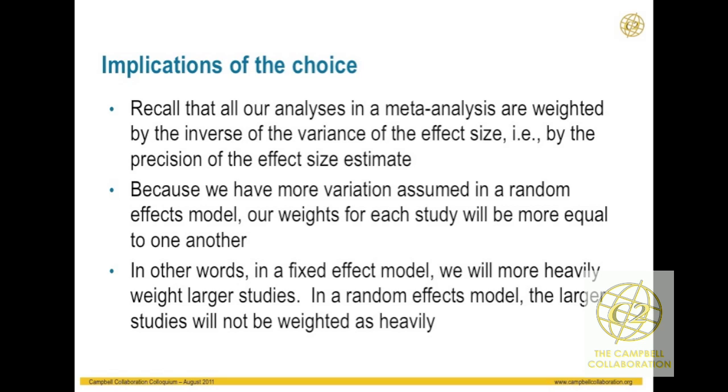So, the implications of our choice. As we saw before, intuitively, in a random effects model, our effect sizes are already assumed to have more variation than just sampling error. So we're going to have more variation among our effect sizes in a random effects model.